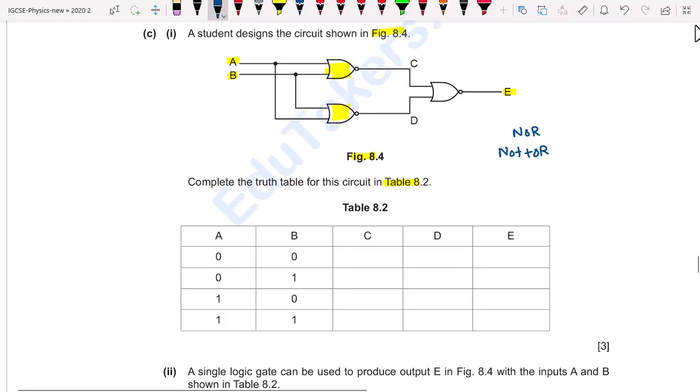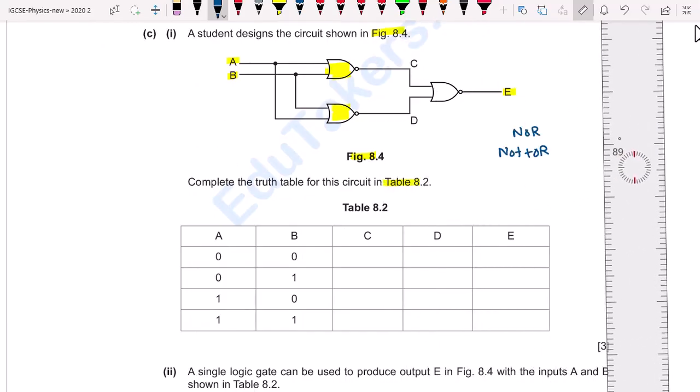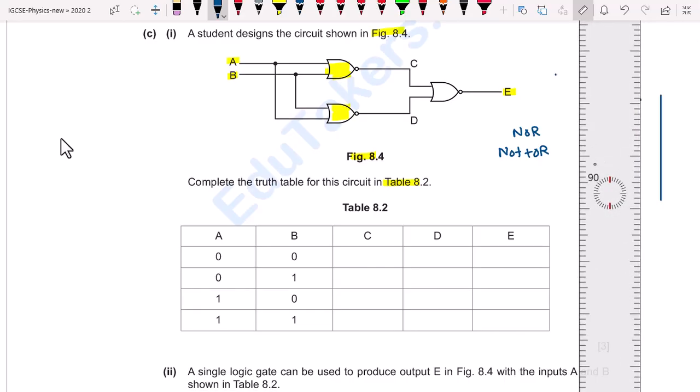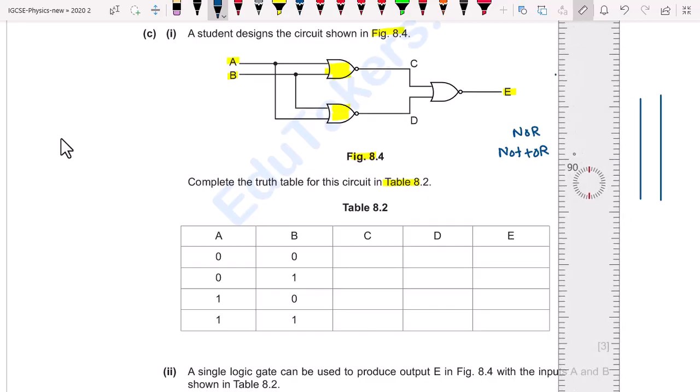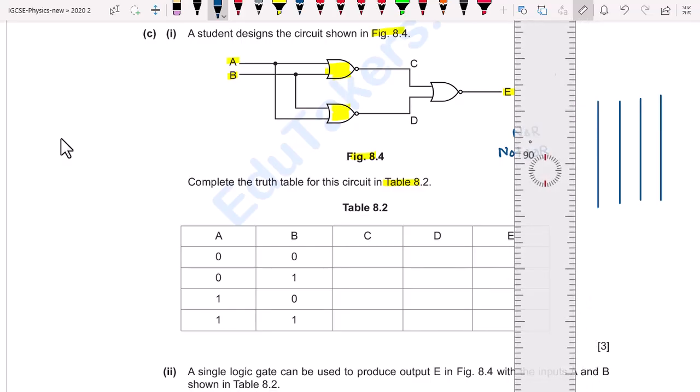And when we draw the truth table for this, it will be just like this.